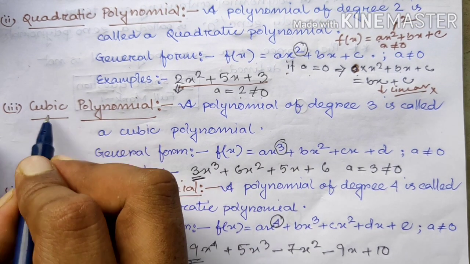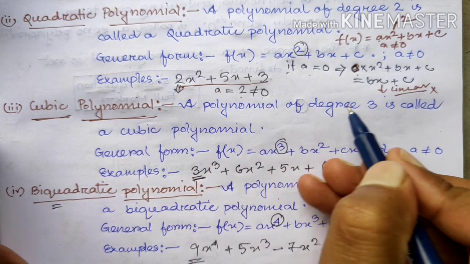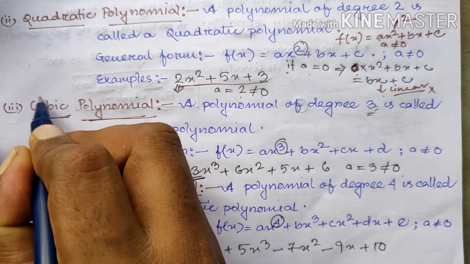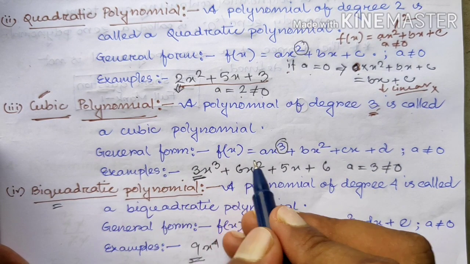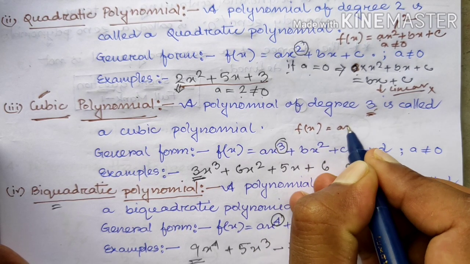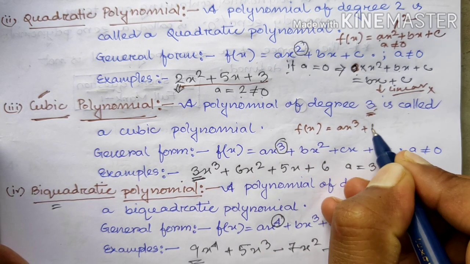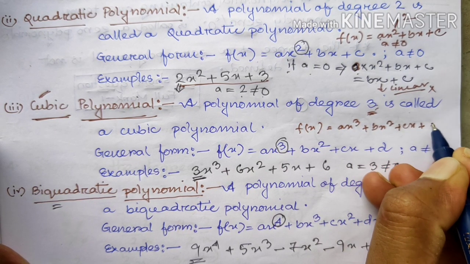Next, cubic polynomial. A polynomial of degree 3 is called a cubic polynomial. Cube means 3. The general form of a cubic polynomial is ax cube + bx square + cx + d.